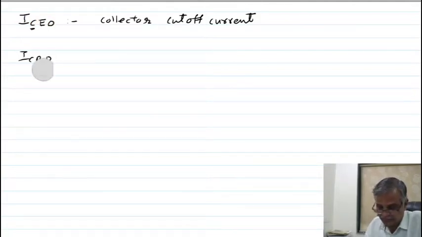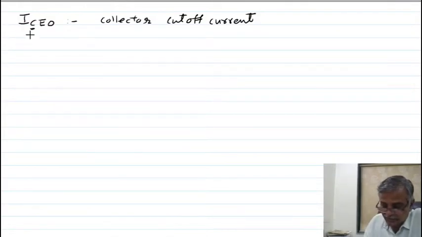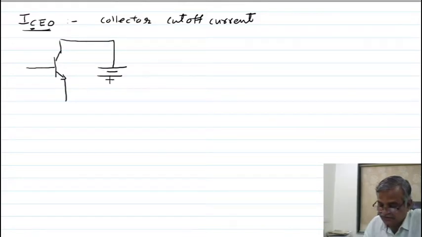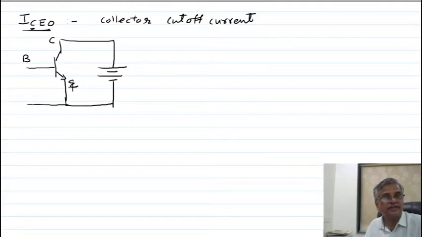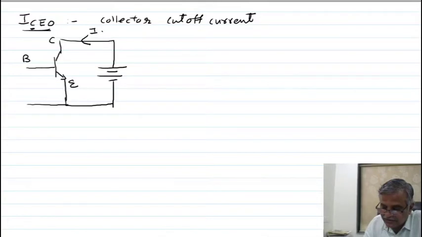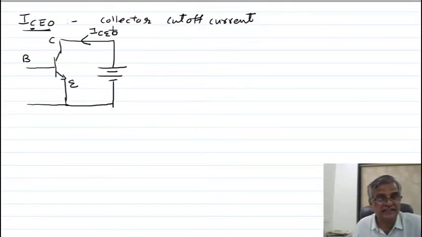Look at what I am discussing here. When the collector is kept in reverse bias and the base is kept open circuited, then the current flowing from collector to emitter is known as the collector cutoff current ICEO.